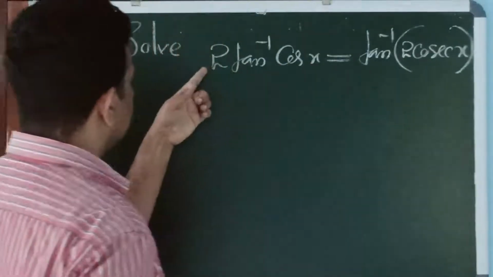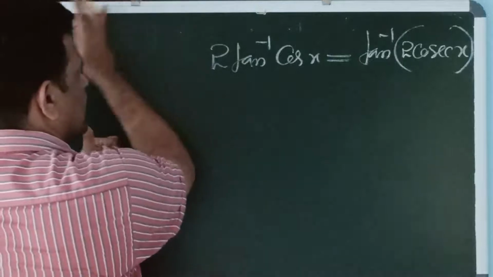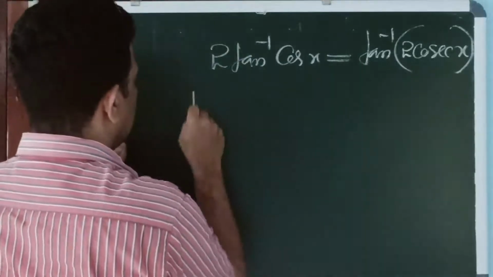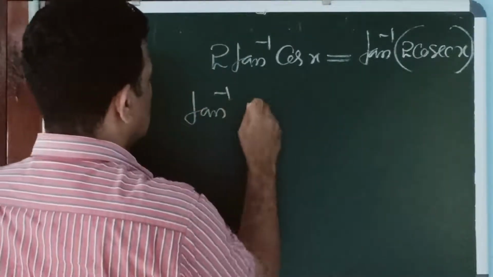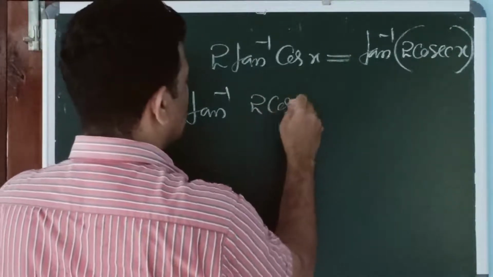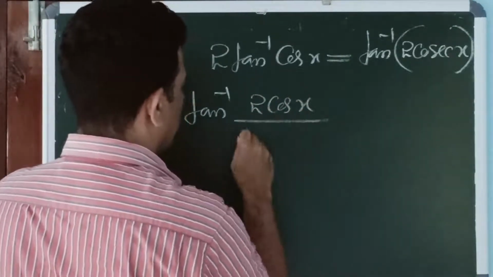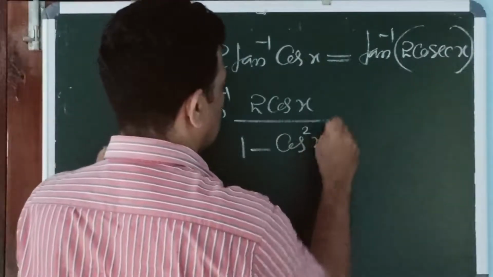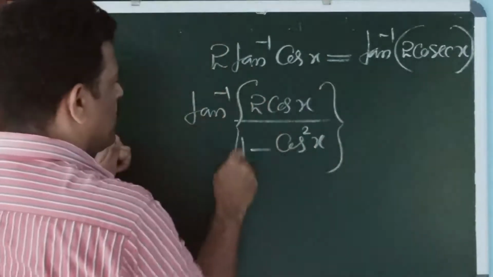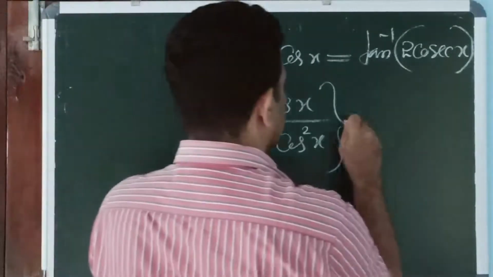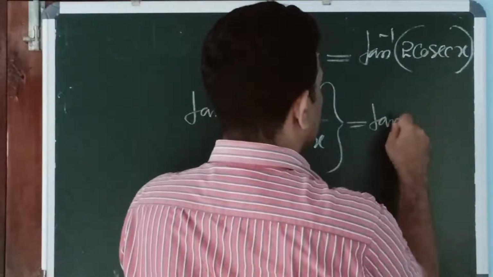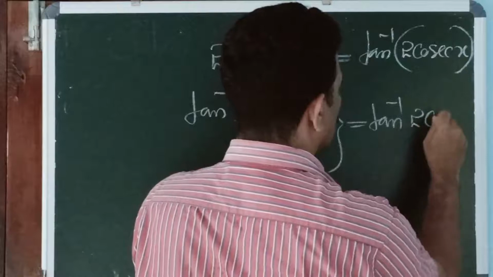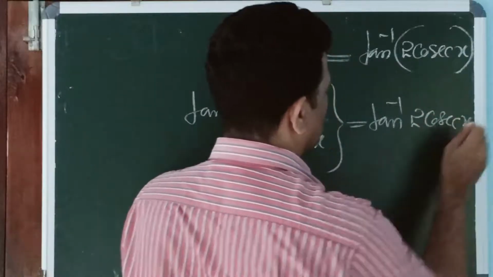Therefore, applying the sixth property on the left hand side, we get tan inverse 2 cos x divided by 1 minus cos square x. That is the left hand side. Right hand side, there is no change. That is tan inverse 2 cosec x.